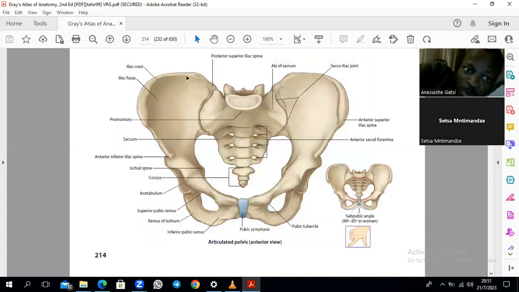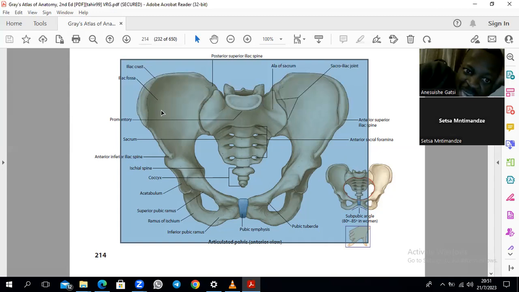The ilium will have an iliac fossa, which is where the iliacus muscle originates. Then there's a crest here, the highest point of the ilium, something that you can feel on your hip. That's your iliac crest. The iliac crest is from the anterior superior iliac spine to the posterior superior iliac spine.